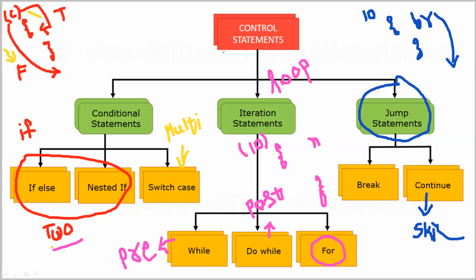I think it's very hard to write with this animator pen, right? Wait. Continue will skip the current iteration. Break will terminate the loop, right?